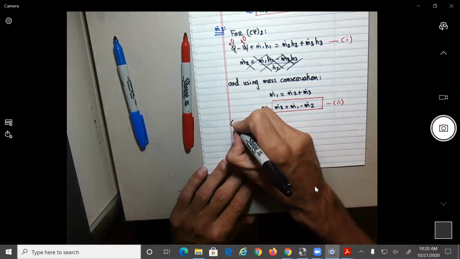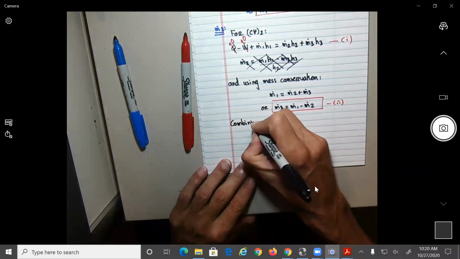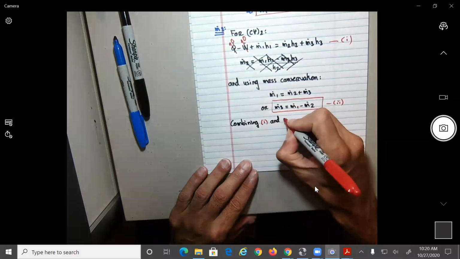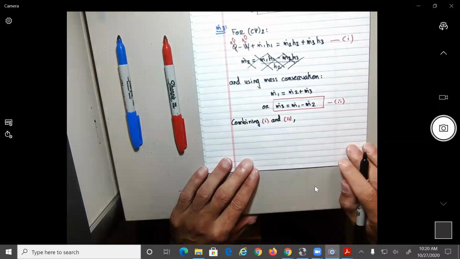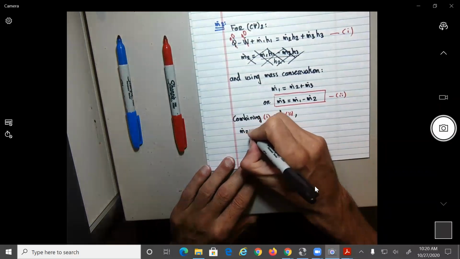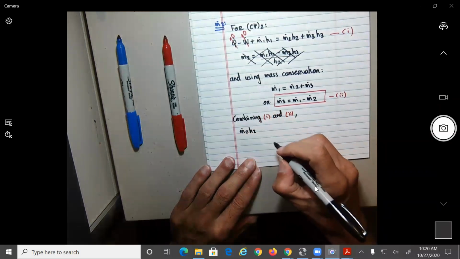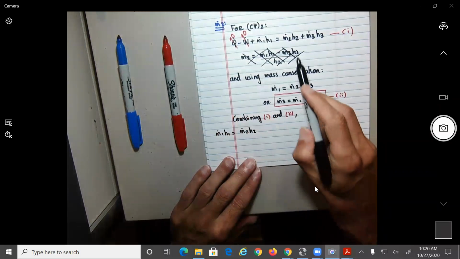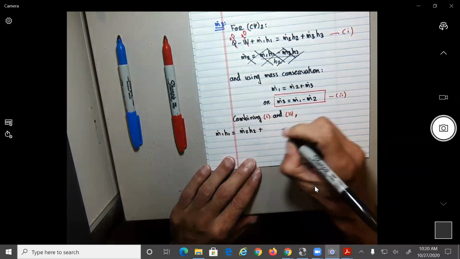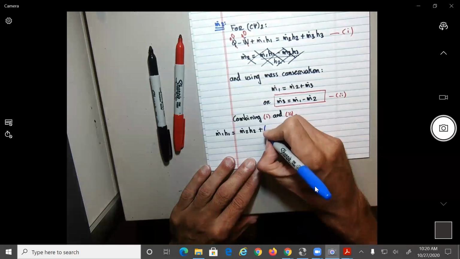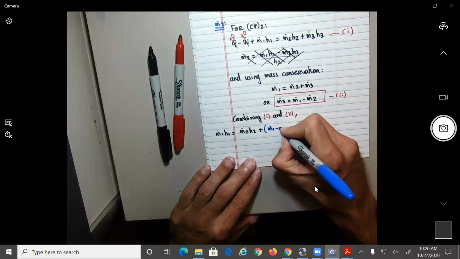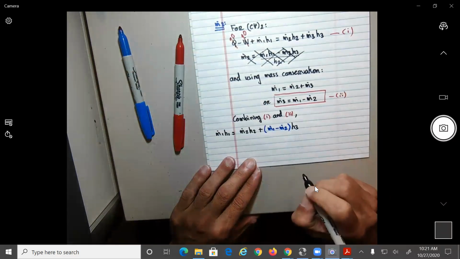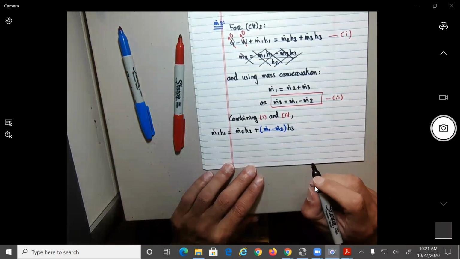So now if I combine these two equations, what do we get? I forgot the M dot 1 H1 equal to M dot 2 H2 plus (M dot 1 minus M dot 2) H3. Okay?